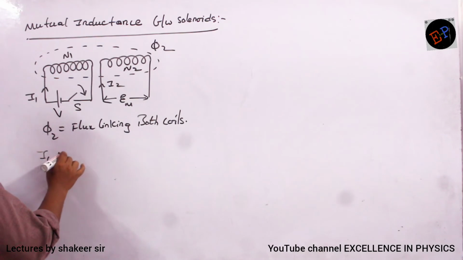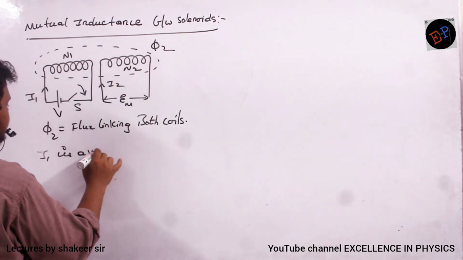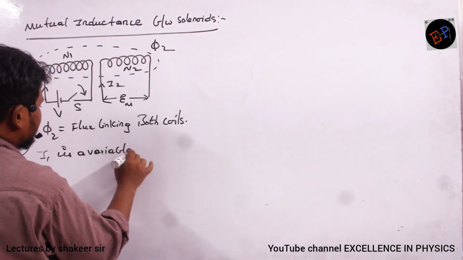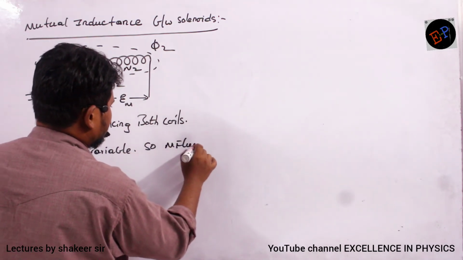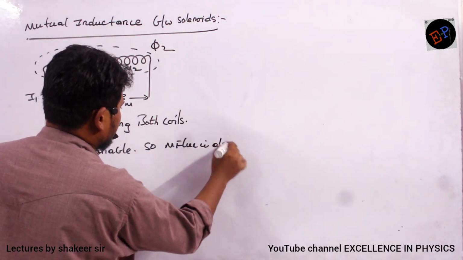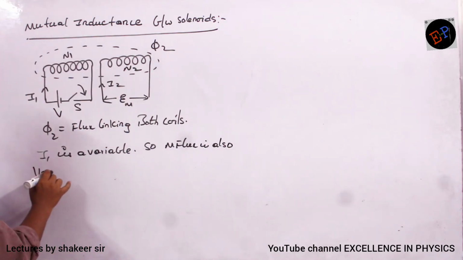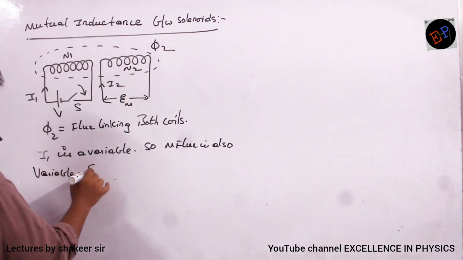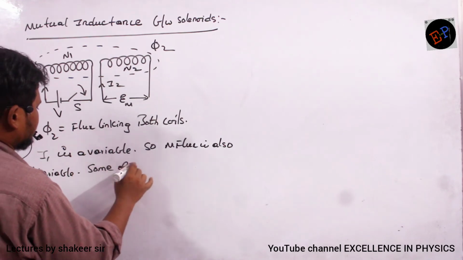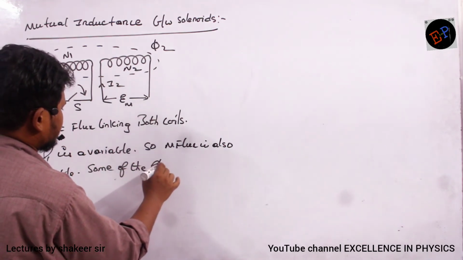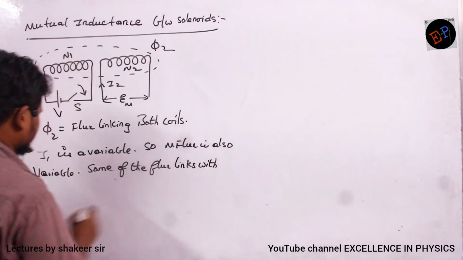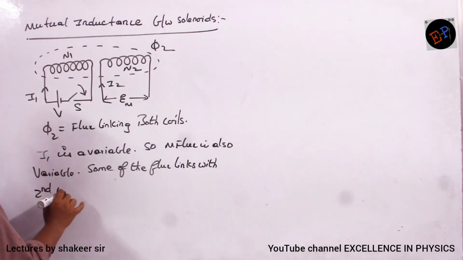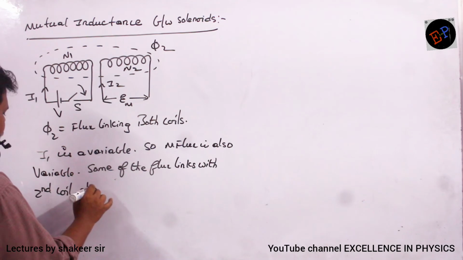So I1 is a variable. Okay, ma? So magnetic flux is also variable. Some of the flux links with the second coil also.